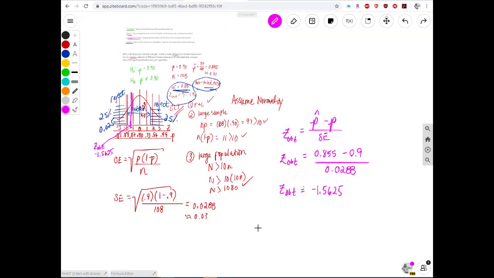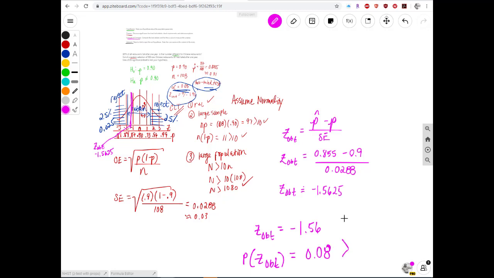So to recap, our z obtained was negative 1.56, and this number, the z-score, falls in the area of retention. The probability of our z obtained is 0.08.